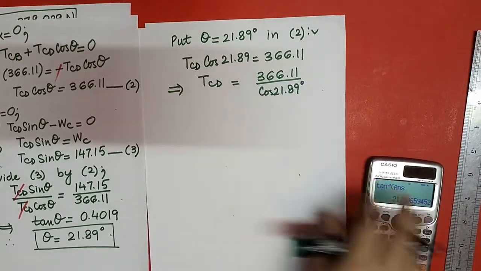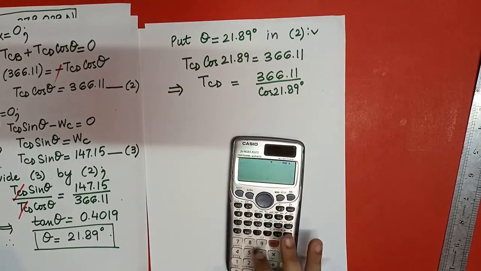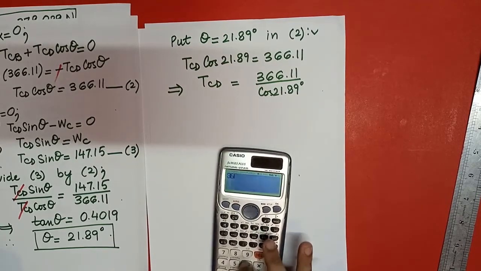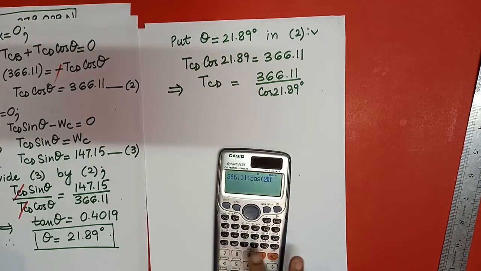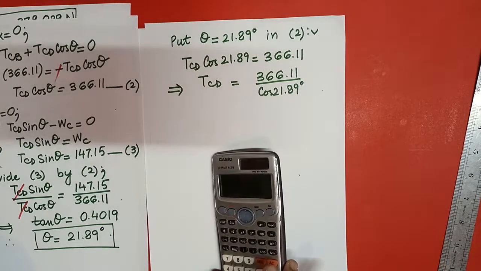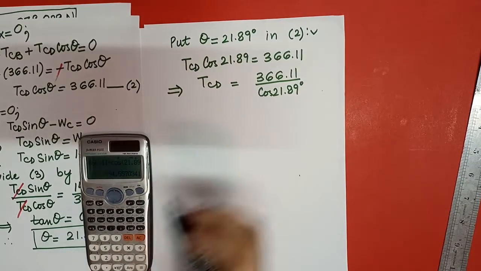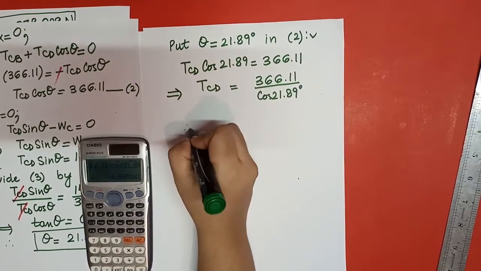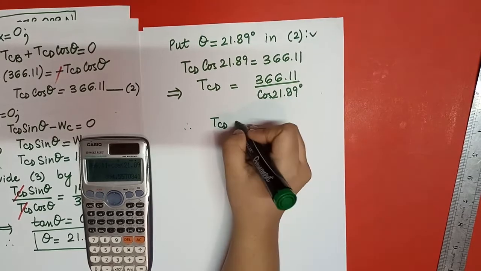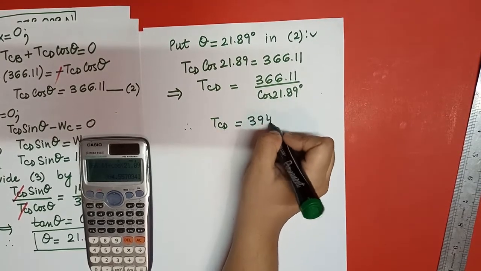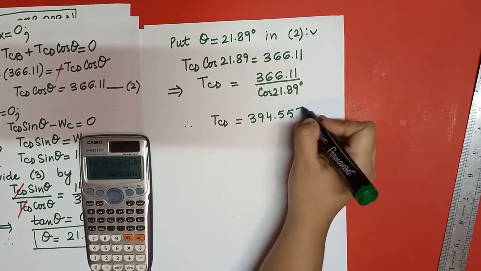So what will the answer be? 366.11 divided by cos of 21.89, the answer will be 394. So therefore TCD is equal to 394.557 Newton.